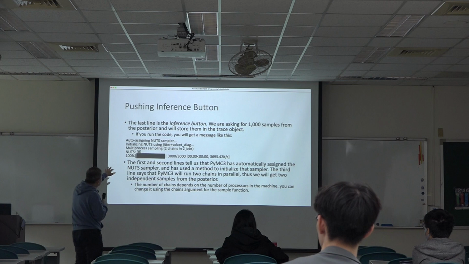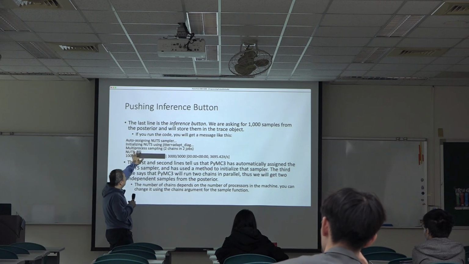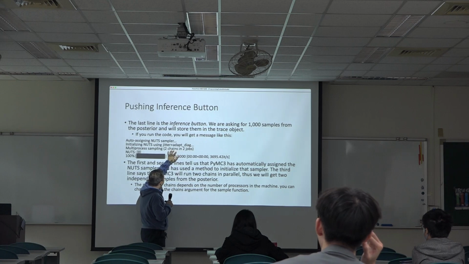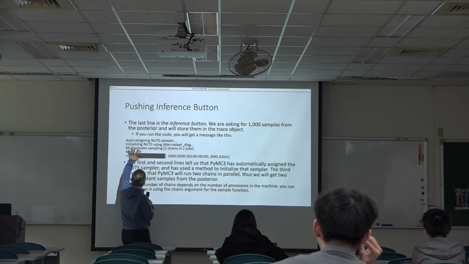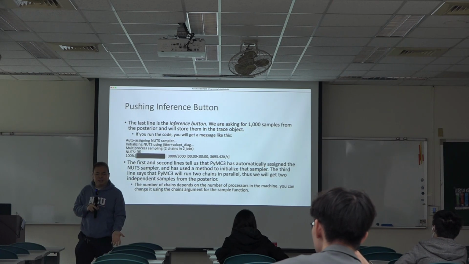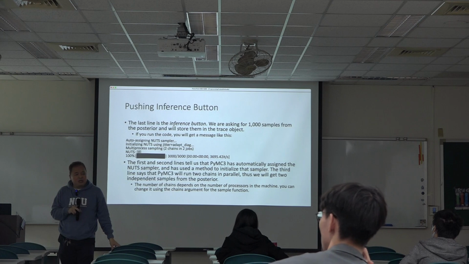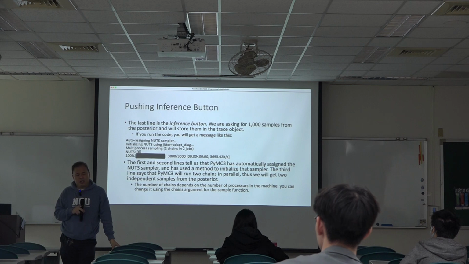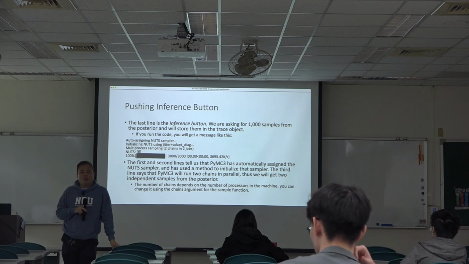And then multiprocess sampling: it will find out that you have 2 chains in 2 jobs. What does that mean? Nowadays all CPUs come with multiple processors. So it will automatically find several available processes in your computer and have each process run 1 chain.